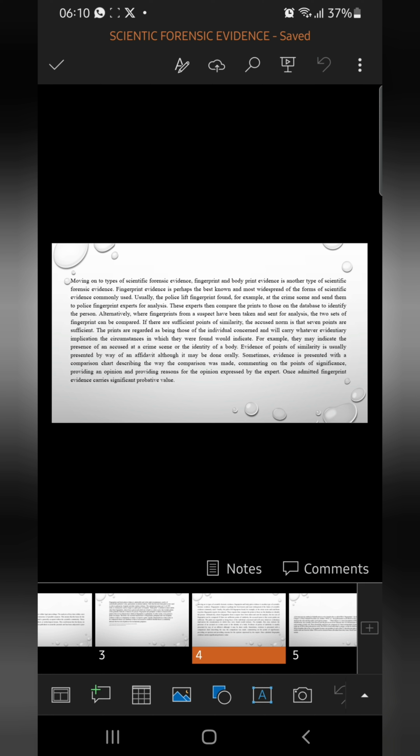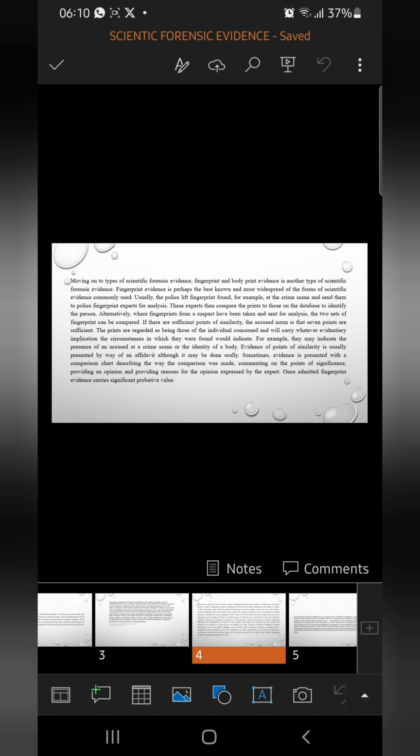These experts then compare the prints to those on the database to identify the person. Alternatively, where fingerprints from a suspect have been taken and sent for analysis, the two sets of fingerprints can be compared. If there are sufficient points of similarity, the accused is identified. The norm is that 7 points are sufficient.